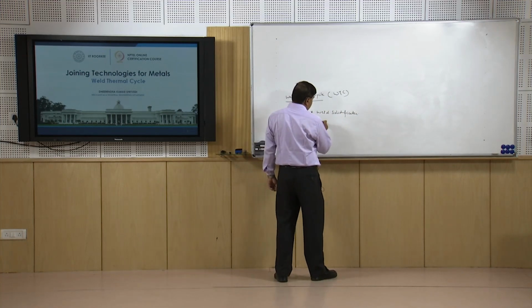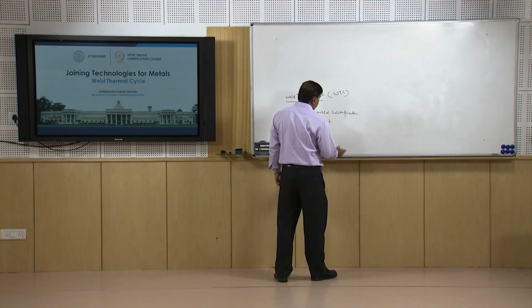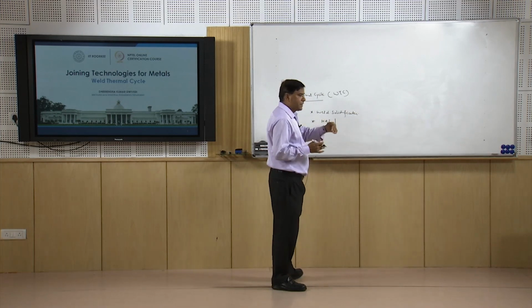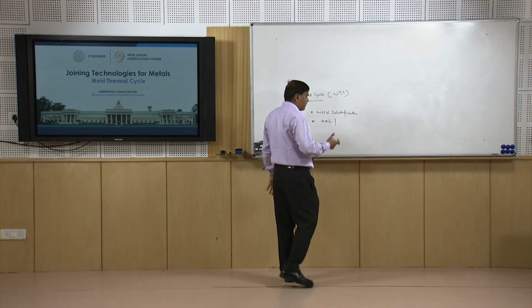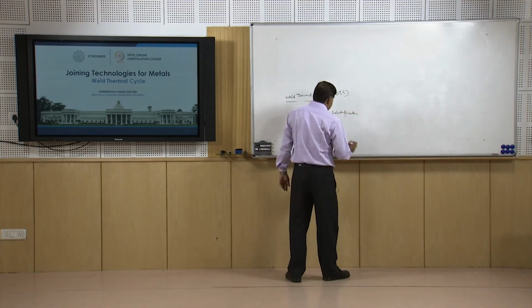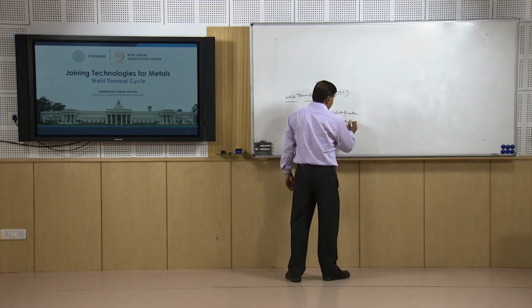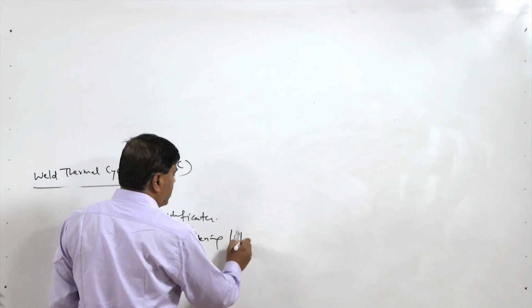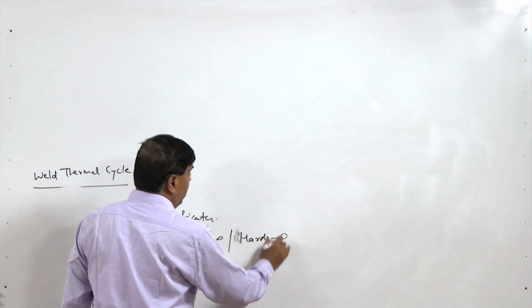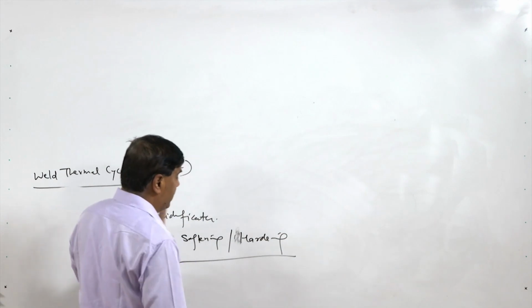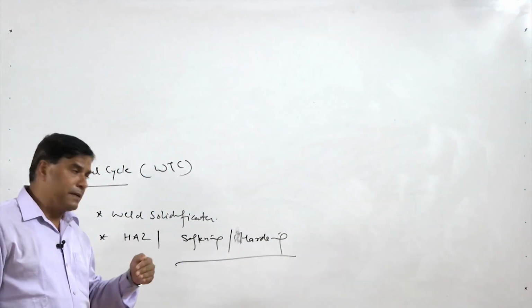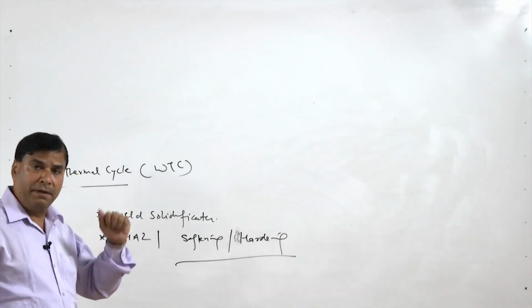Another thing is that it affects the HAZ structure, and since the heat affected zone has a different metallurgical structure as compared to the base metal, the properties are found to be different from the base metal. These may be different in terms of softening or hardening. So there can be softening of the base metal or there can be hardening also. Depending upon the kind of metal system, there can be softening or hardening.